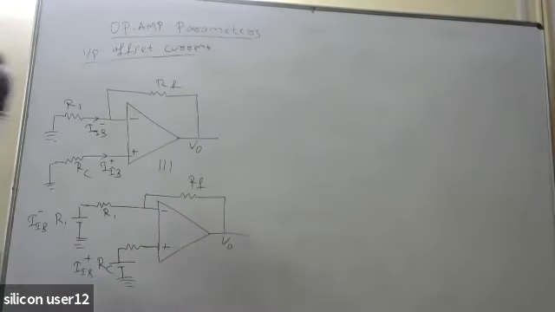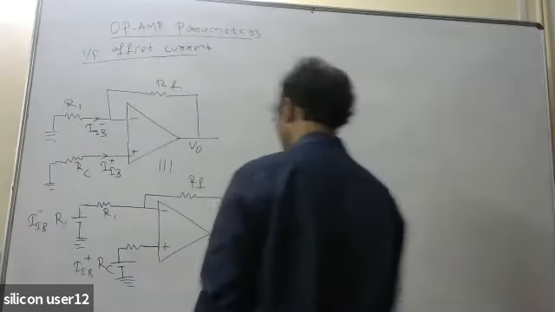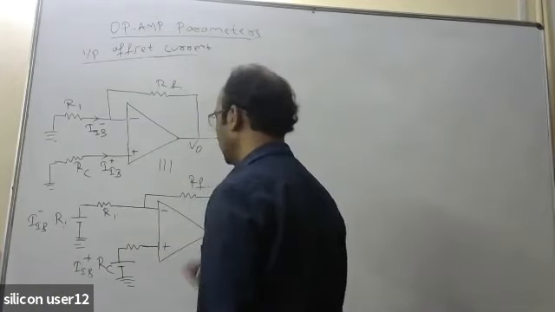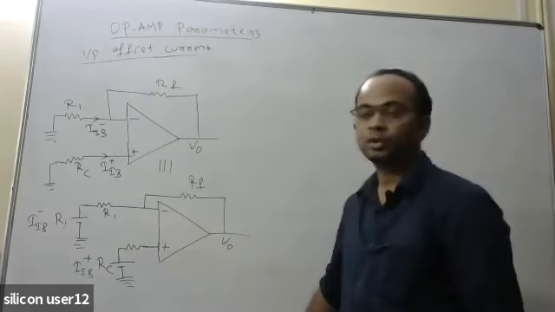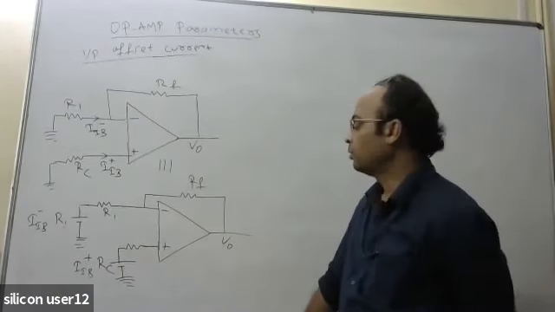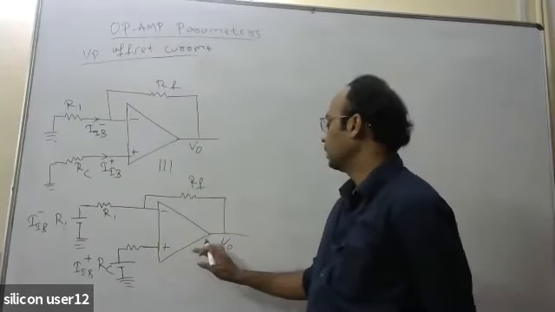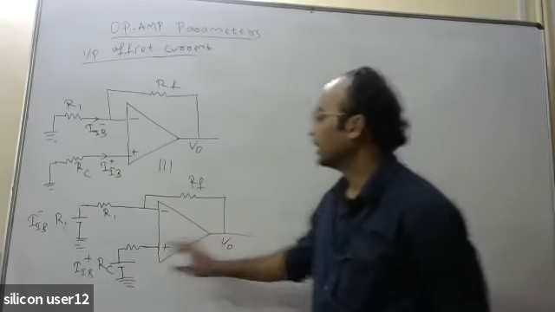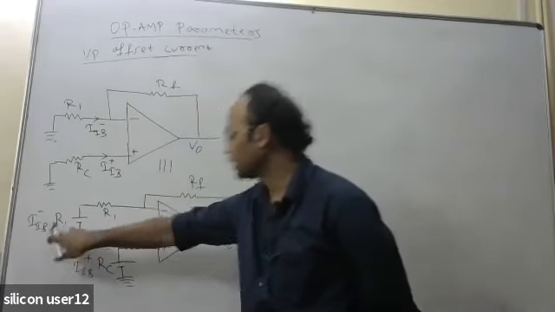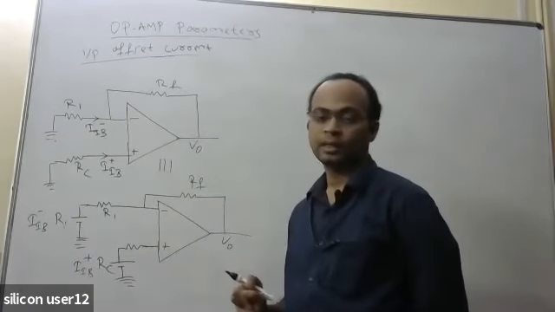Once you have this figure, you just have to find out how much this V0 is. We have already studied the superposition theorem. I'll find V0 due to the application of this voltage and this voltage.